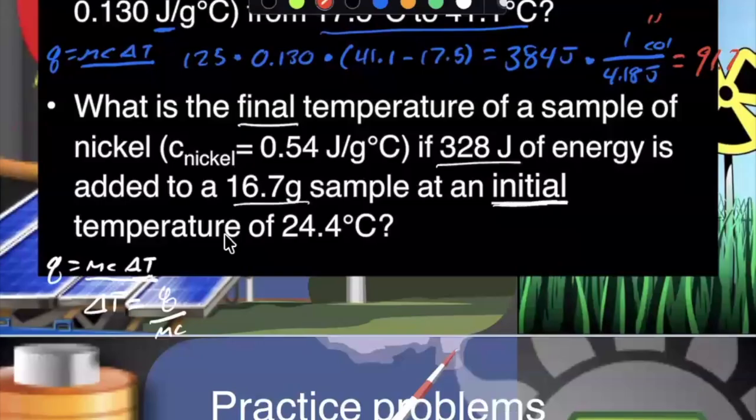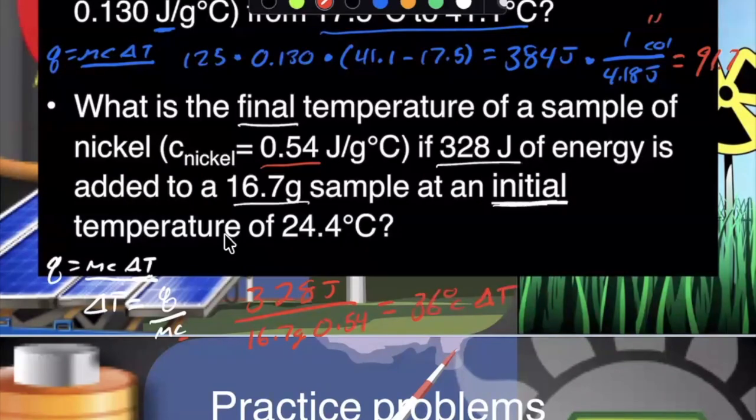Okay, so Q is 328 joules. M is my mass, which is 16.7 grams. And my C is given to me at 0.54. Okay. Now, if I put that into my trusty calculator, I'm going to get 36 degrees Celsius as my delta T.